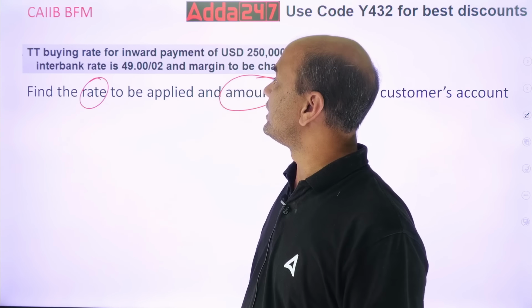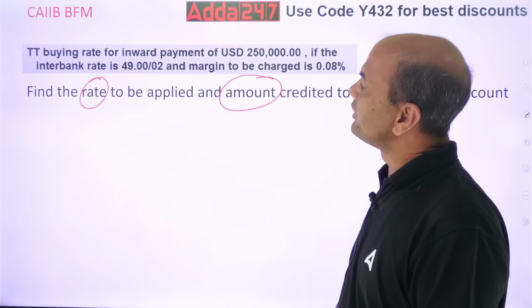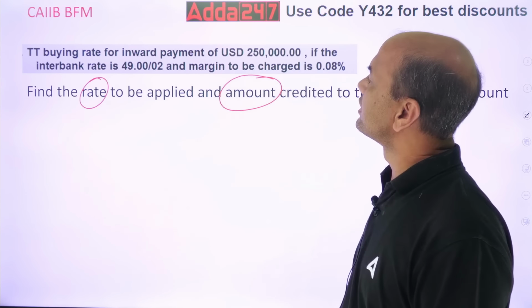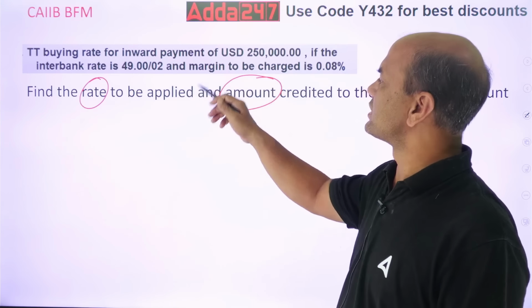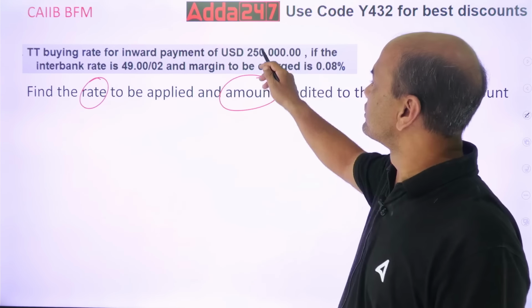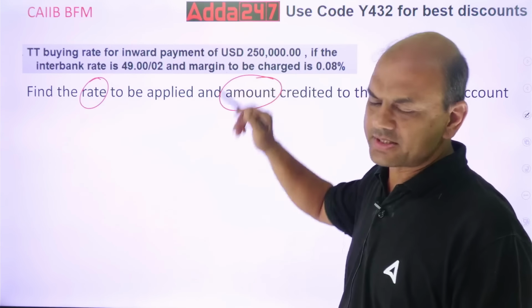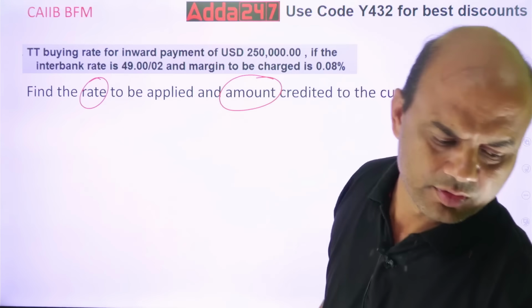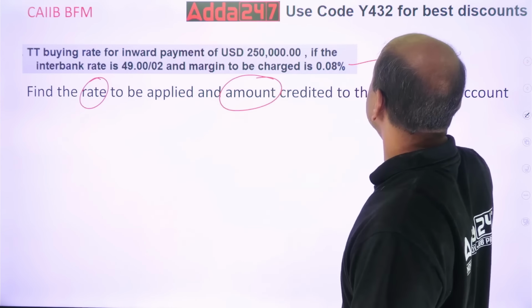What is given? TT buying rate for inward payment, interbank rate 49.0002. Amount is 2,50,000. Margin is 0.08. Now what margin is this? This margin means TT margin or exchange margin.